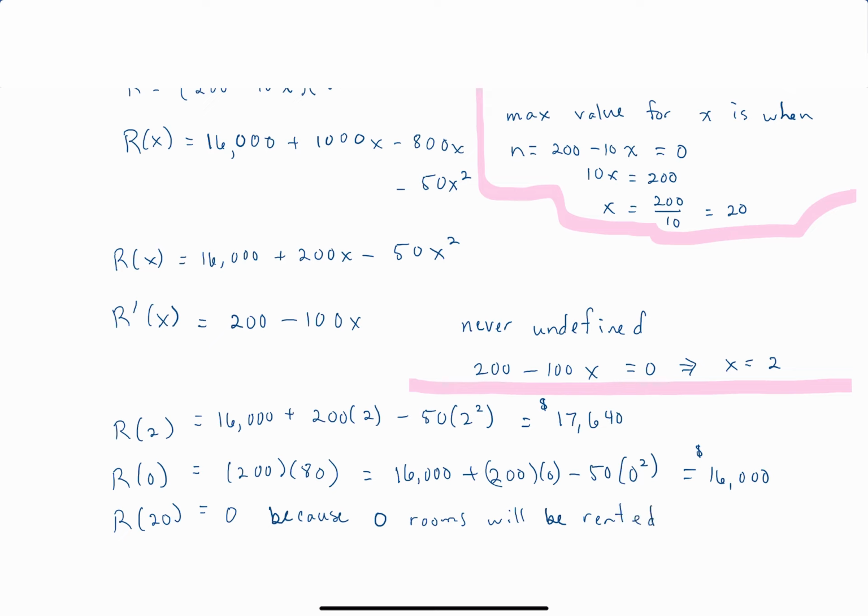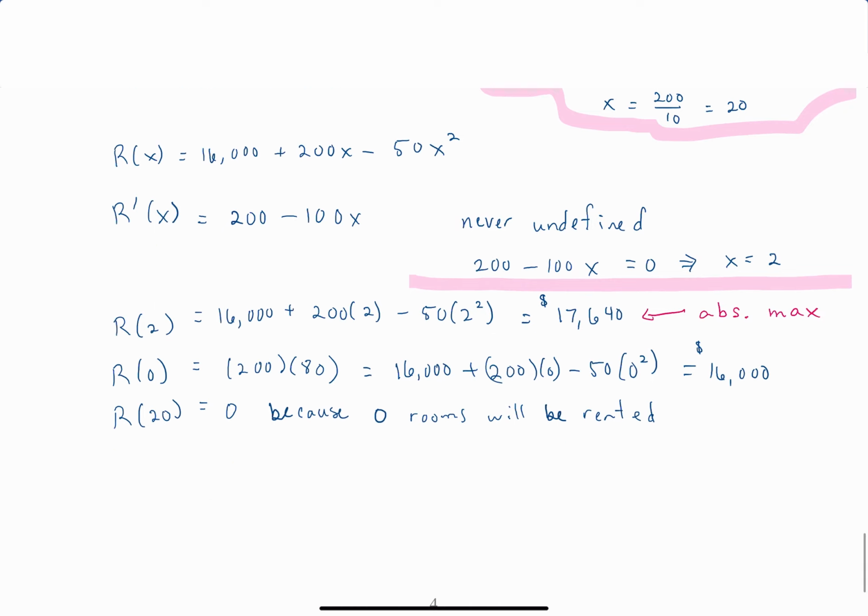So our 3 function values here, 17,640, 16,000, and 0. The maximum is clearly the 17,640. That's our absolute max. So we can conclude that the price should be raised 2 times.